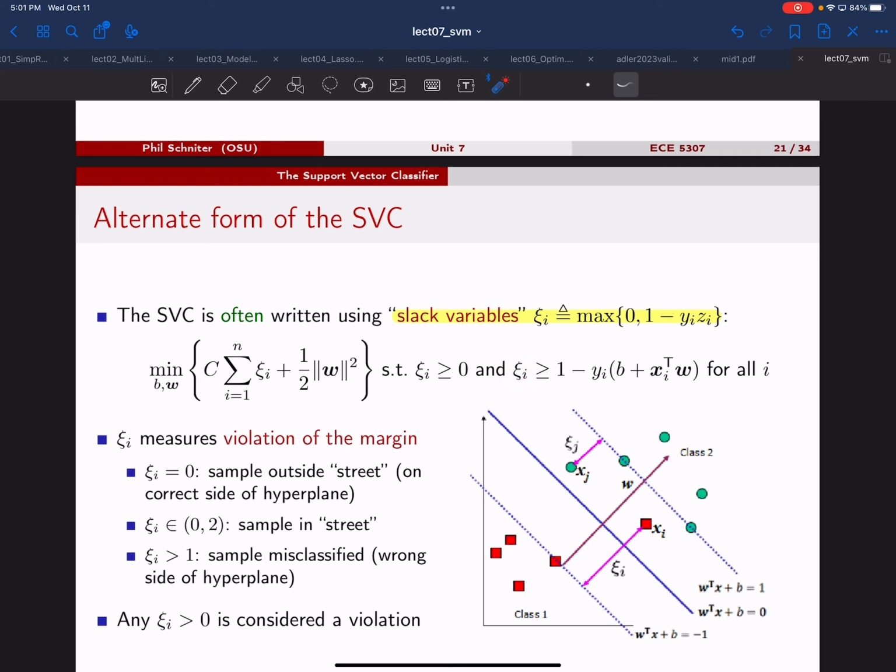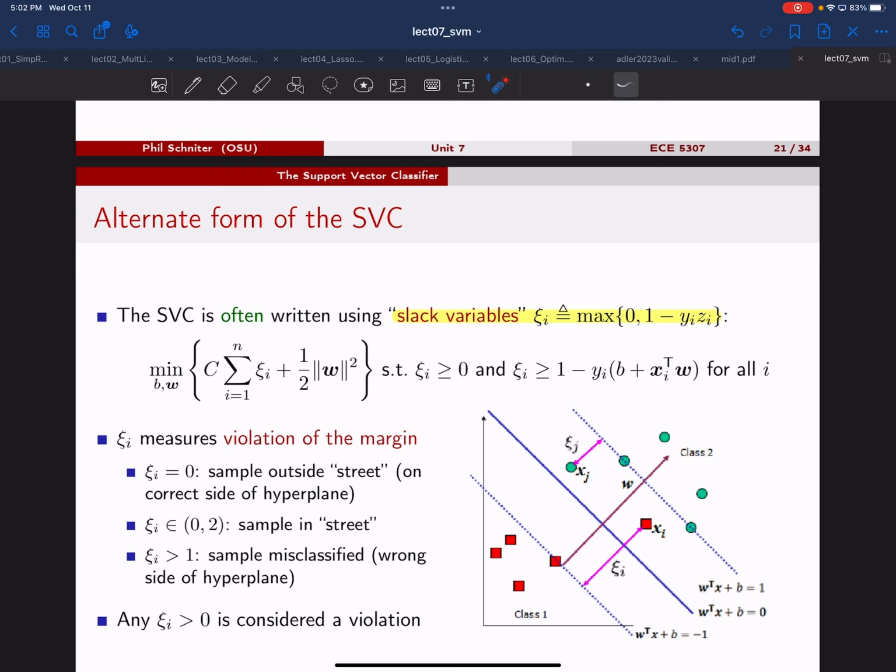And that has to happen for every i. Okay, so this is just a different way of writing the same thing. We wrote it as an unconstrained optimization problem. Now you have another problem that is actually a constrained optimization problem. You have these two inequality constraints for each i and this cost. But it's the same. It's just a different way of writing it.